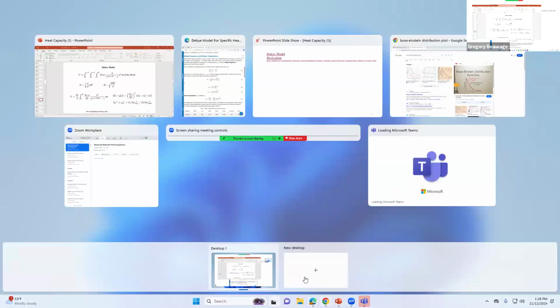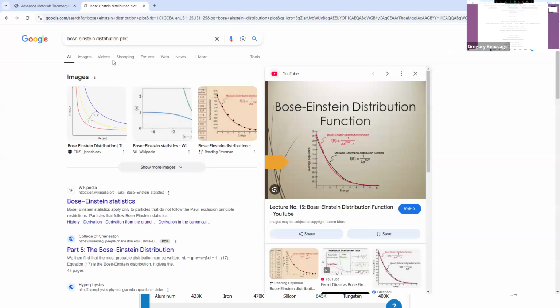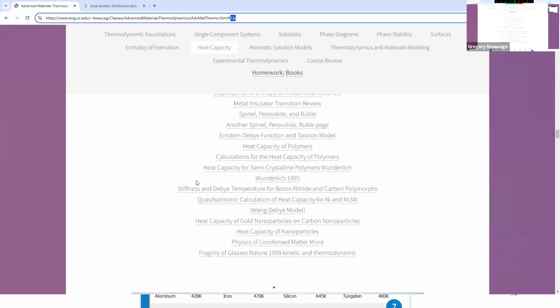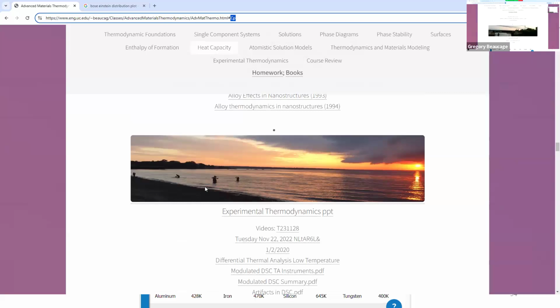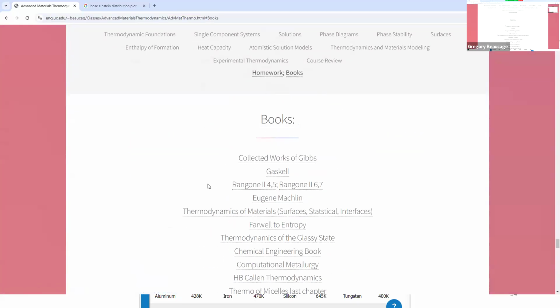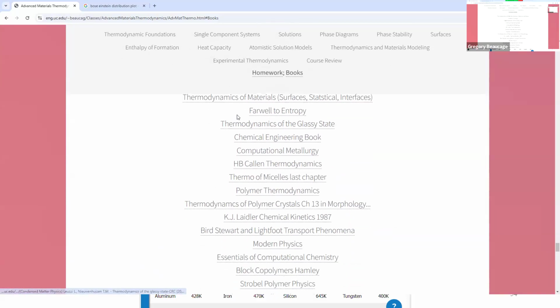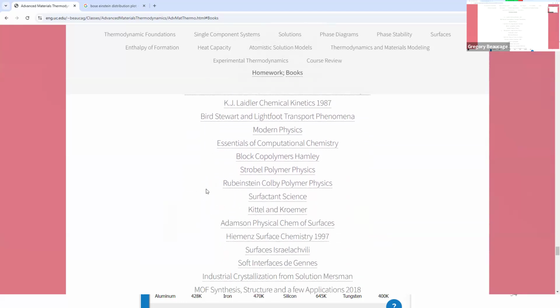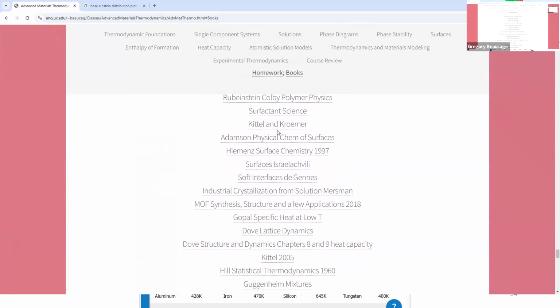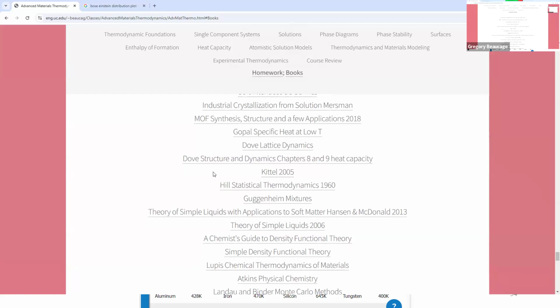Let me just go to books. I'm looking for Kittel. So Kittel and Kramer is one. This Dove has the same thing in it.